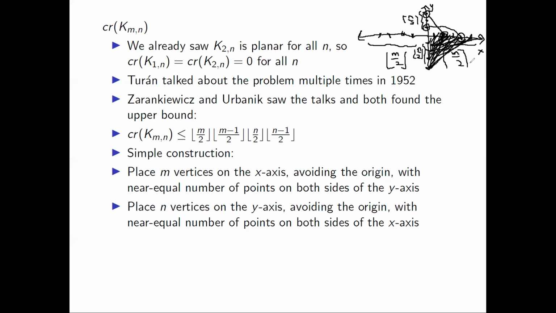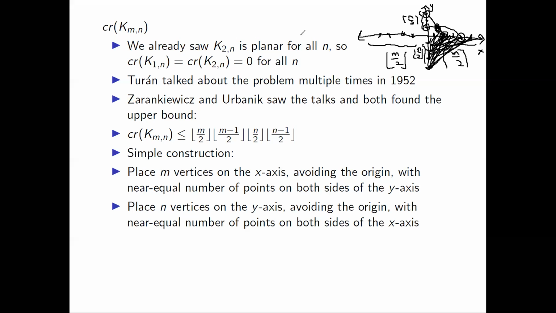And any crossing in that quadrant is going to be obtained by choosing some 4 points, with 2 of them on the positive y-axis, 2 of them on the positive x-axis, and taking the edge that goes from the bottom one on the y-axis to the most positive one on the x-axis, and the top one on the y-axis to the least positive one on the x-axis. So that gives us this crossing in the center.